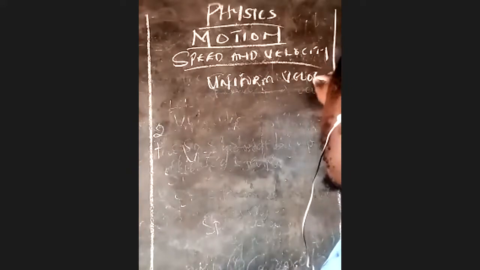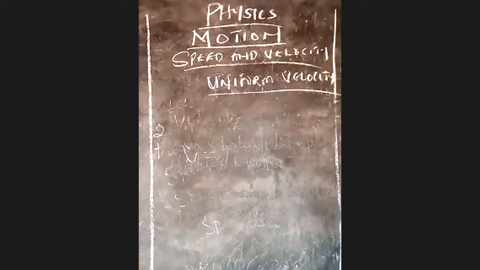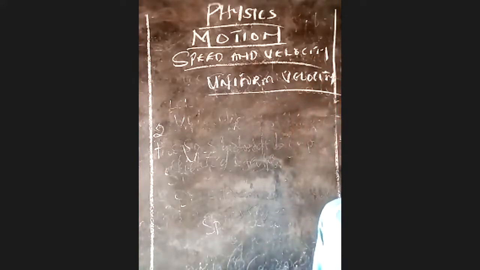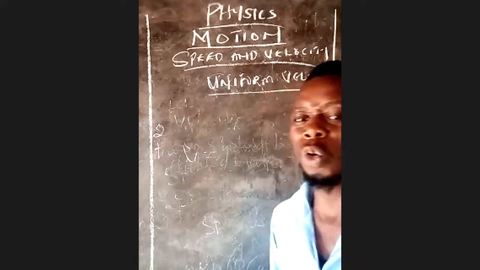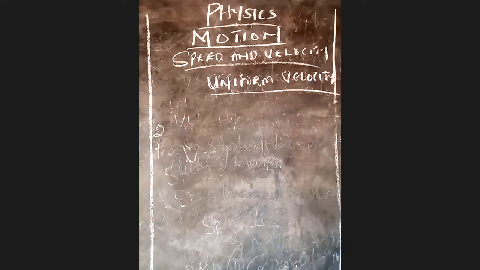What is uniform velocity? When the body moves with equal displacement in equal time intervals, the body is said to be in uniform or constant velocity. No matter how small the time might be, the velocity is said to be uniform or constant velocity.